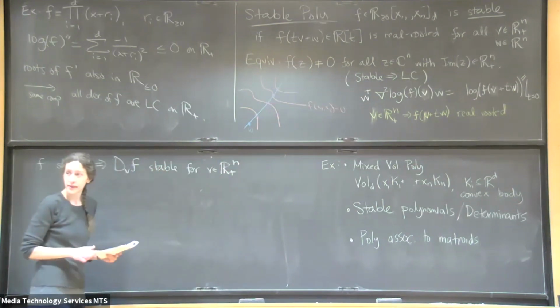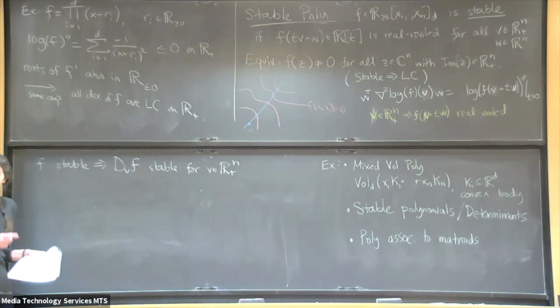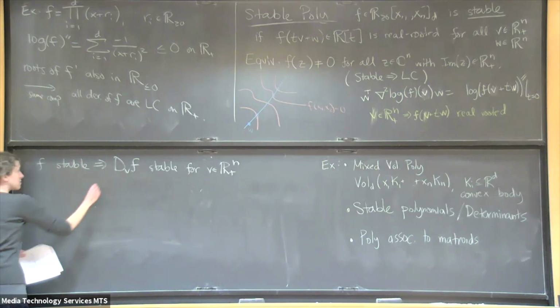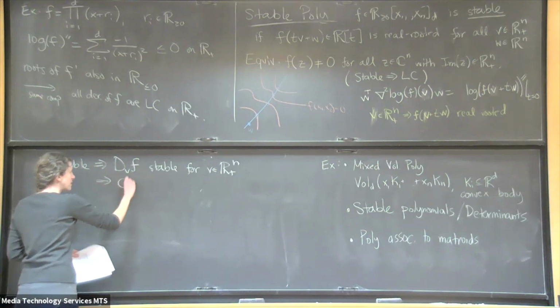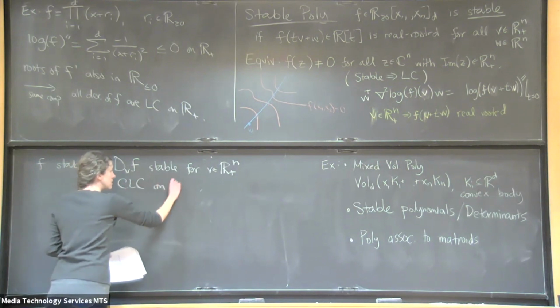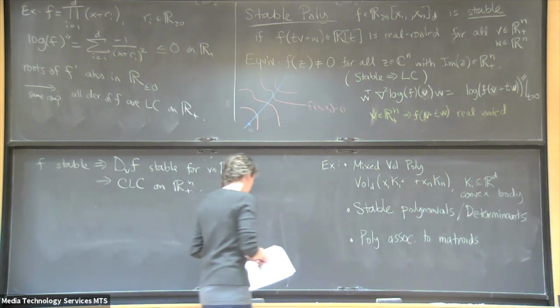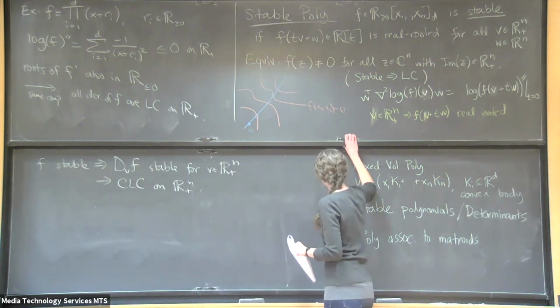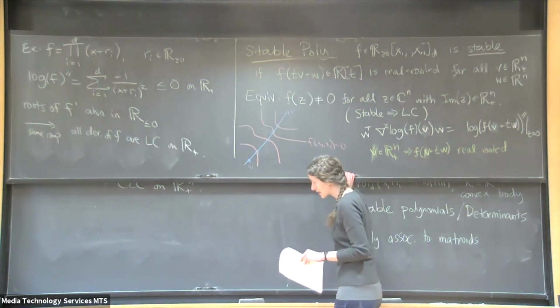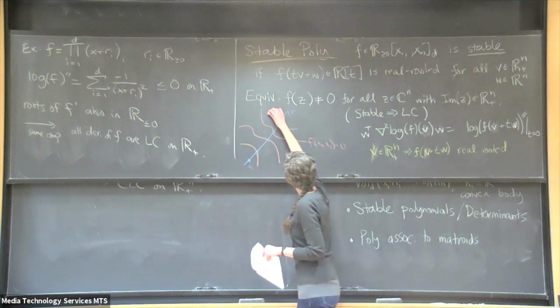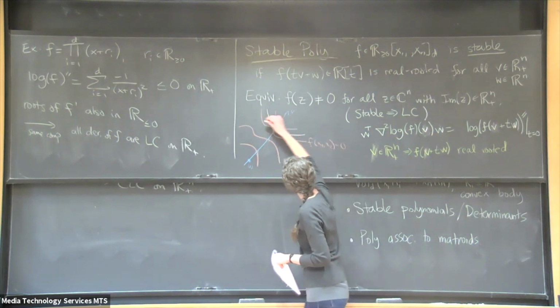And so you do the same thing, you keep repeating. This means that any stable polynomial is completely log-concave. And again, the reason this is true is the same picture: you take a directional derivative, the roots have to increase.